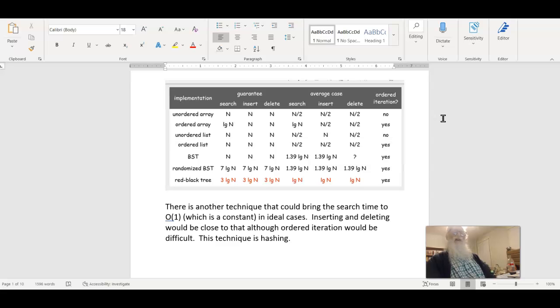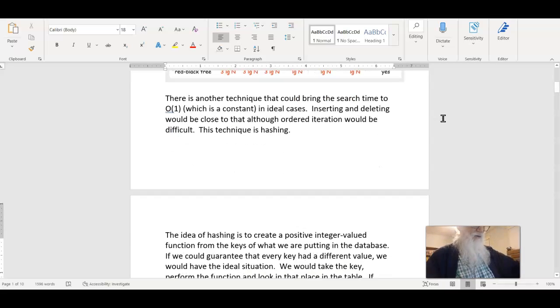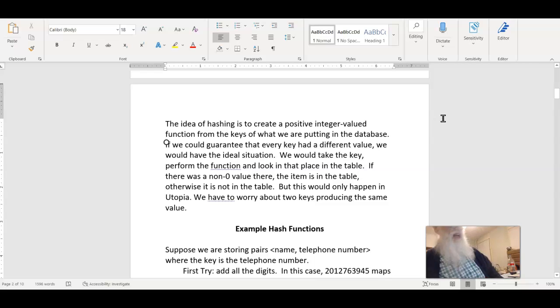Now, that's called an order one. It says it's a constant algorithm. That means no matter what the input is, you get the same amount of effort. It takes essentially the same complexity. That item, I won't hold you in suspense, is hashing.